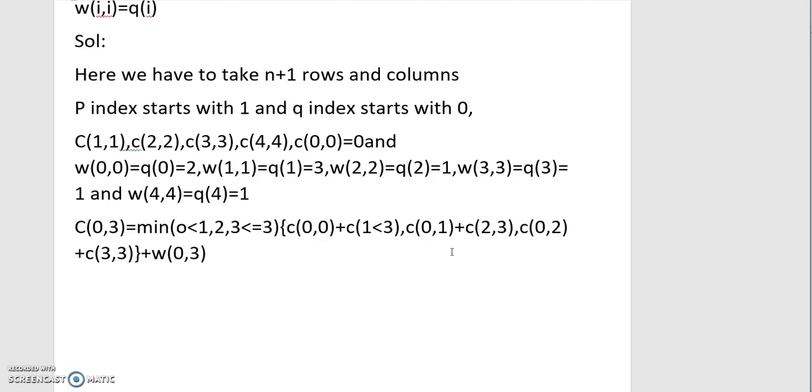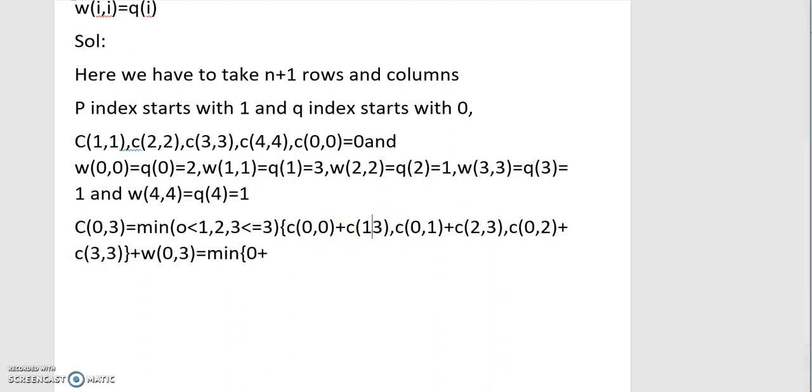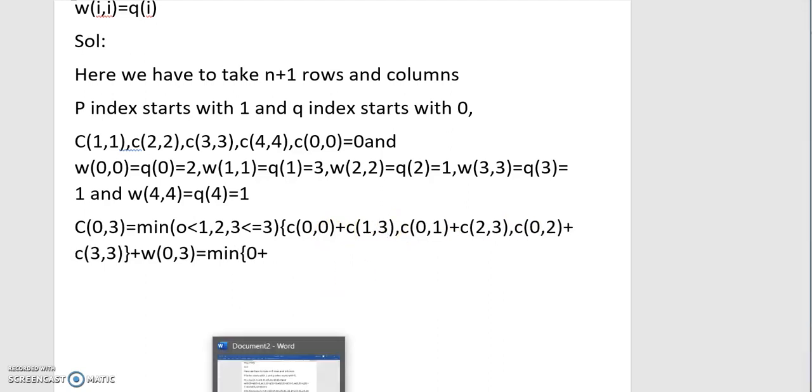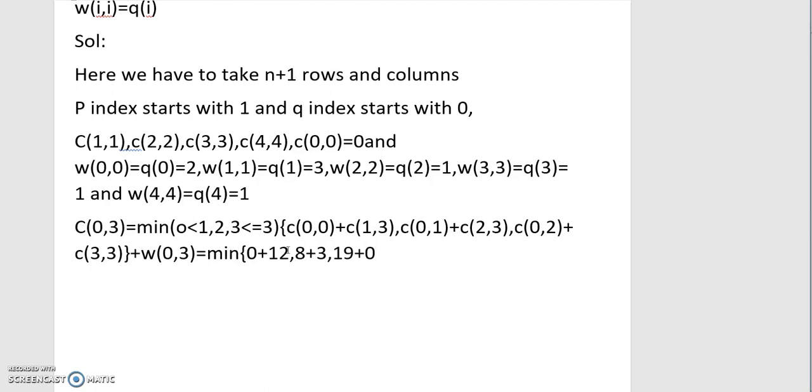It is equal to the minimum of C of 0 comma 0, which is 0, plus C of 1 comma 3, which is 12; C of 0 comma 1, which is 8, plus C of 2 comma 3, which is 3; and C of 0 comma 2, which is 19, plus C of 3 comma 3, which we already know is 0.